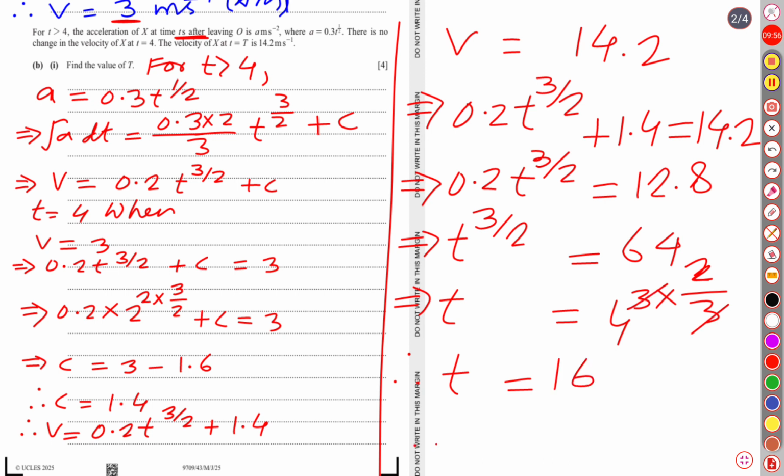Hence our t is equal to 16 seconds. That means at the time of 16 seconds, the velocity was 14.2 meter per second. And that's the final answer to this part of the solution.